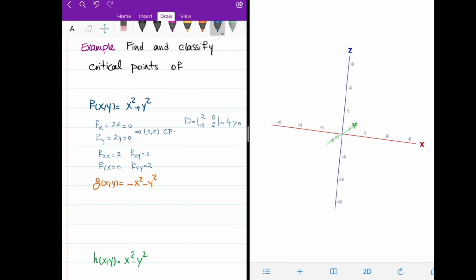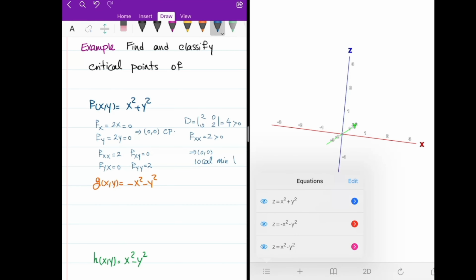D is positive, and fxx at the point (0, 0) is 2, which is positive. And as you see, it doesn't matter whether I put the point (0, 0) in there or not, because they are constant. So D is positive, and the second partial derivative with respect to x is positive. That's why the point (0, 0) is a local min.